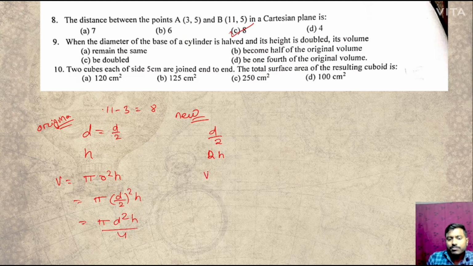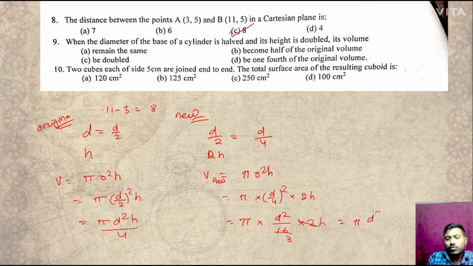Now in this case volume of new is equal to pi r square h, pi into r equal to d divided by 4. Okay. Then d by 4 whole square into 2h. Then pi into d square divided by 16 into 2h, cancel 2h. So pi d square h divided by 8.